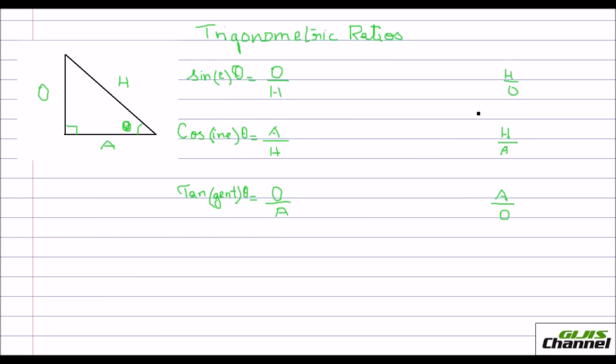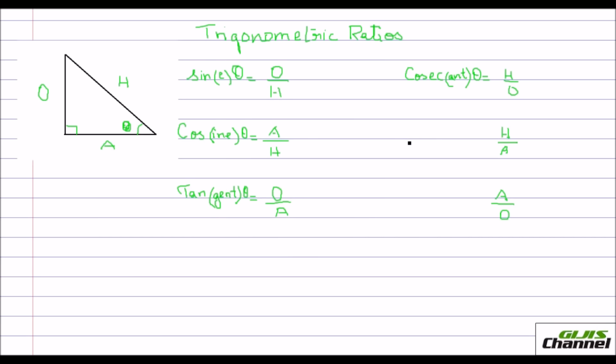Okay, now these 3 which we have flipped would be, for sine theta it is cosecant theta. So cosecant theta is hypotenuse over opposite. Now you have secant.